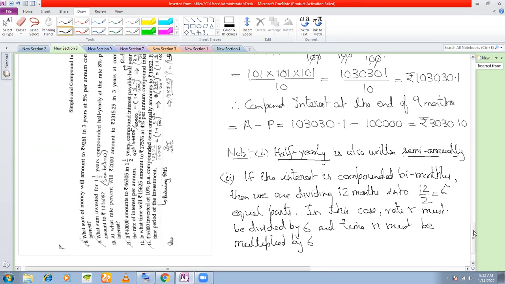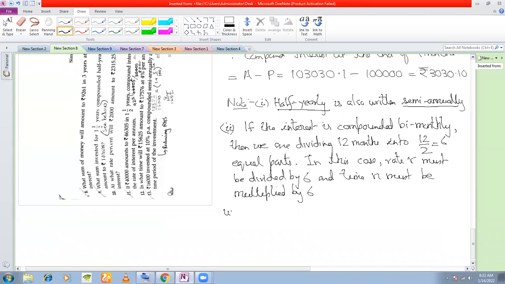Now my question is, if the interest is compounded monthly, then what do you do? Here I underline bi-monthly and here I underline monthly.